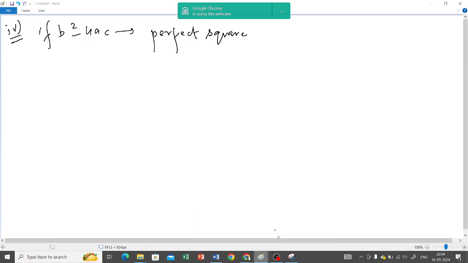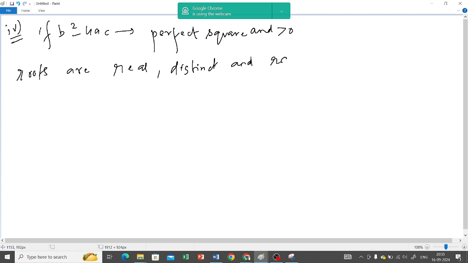So in that case it is a perfect square and greater than 0. So roots are, first of all, real, distinct, of course, and rational. Okay, the roots are real, distinct, and rational.